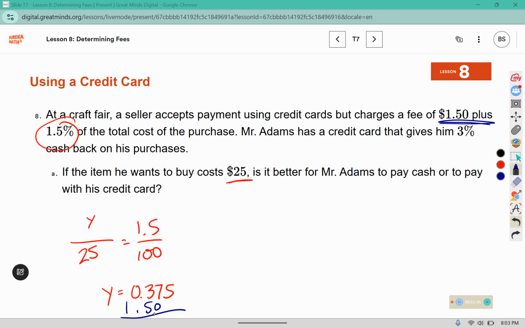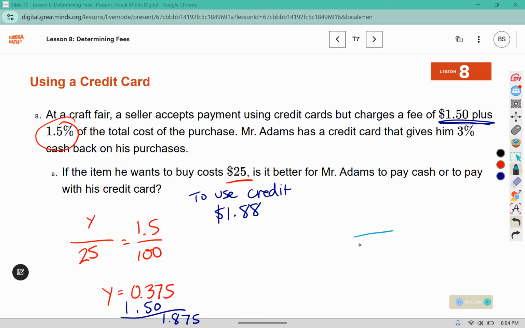So altogether, Mr. Adams is going to have to pay $1 and approximately 88 cents for using his credit card. If he gets 3% cash back, is he going to earn more than $1.88, or is it going to be better for him to use cash?